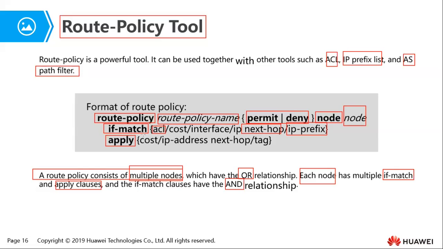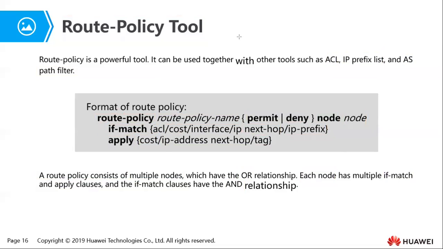Apply means you can change the cost for that network, you can change the next hop, you can change the tag, and so on and so forth. So generally, that is how a route policy is written.